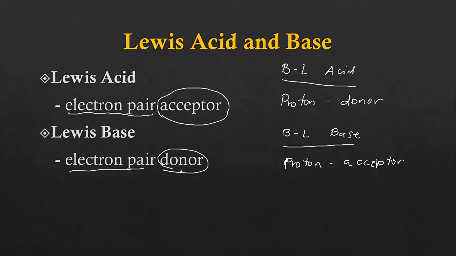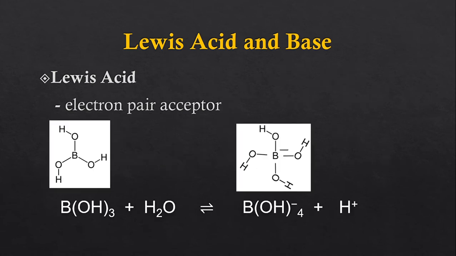Okay, so paano sila, yung mga Lewis acid and base, paano sila nagpo-form ng hydrogen or hydrogen ion or hydroxide ions? So, example natin dito ay, for a Lewis acid, diba sabi natin, ang Lewis acid ay electron pair acceptor. Now, in this case, ang example natin ay boric acid.